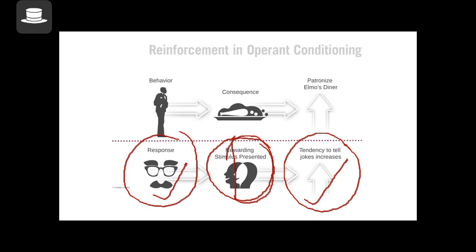In other words, reinforcement. Skinner preferred the term reinforcement to Thorndike's satisfying effects because the term reinforcement did not carry any mentalistic notions that the animal found the effects satisfying or pleasurable.